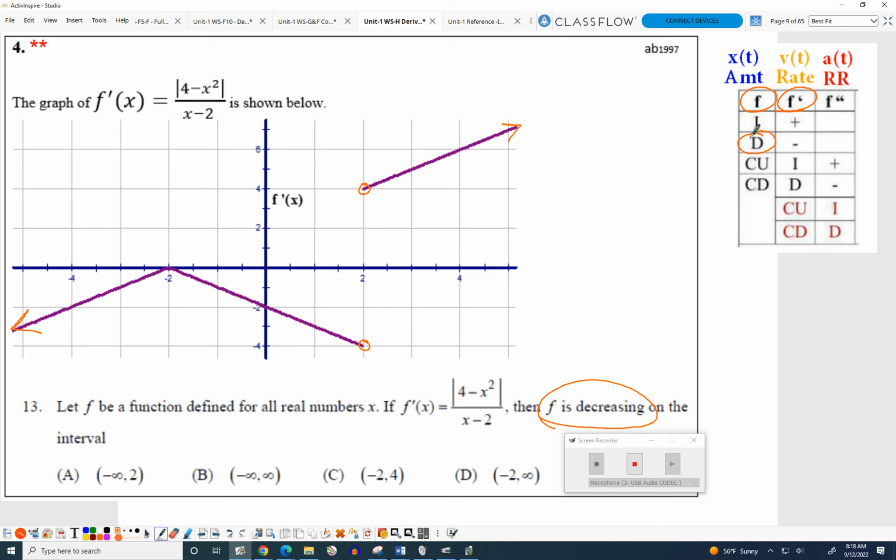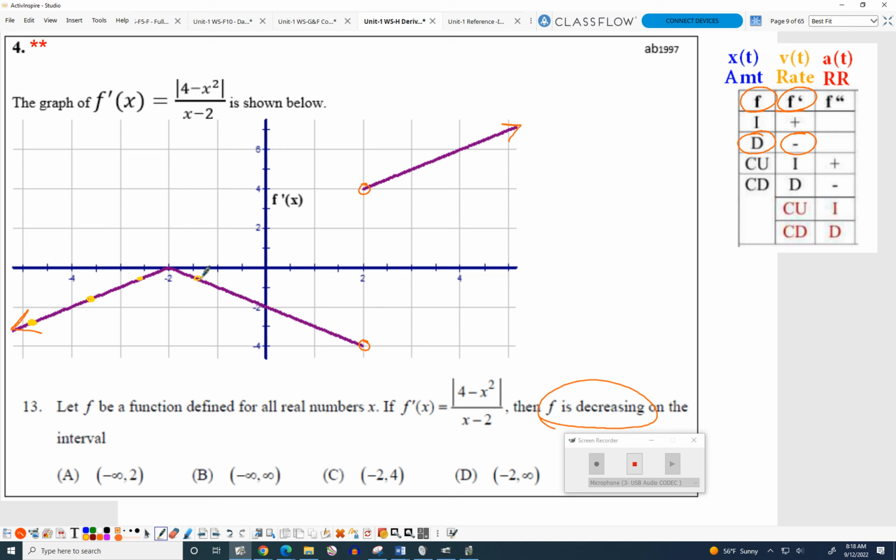I'm looking to see where f is decreasing. That's going to correspond to everywhere that f prime has negative y coordinates. So right here, we'll go to each point. Y coordinate here of f prime, positive or negative? Negative. Negative. That one's 0.